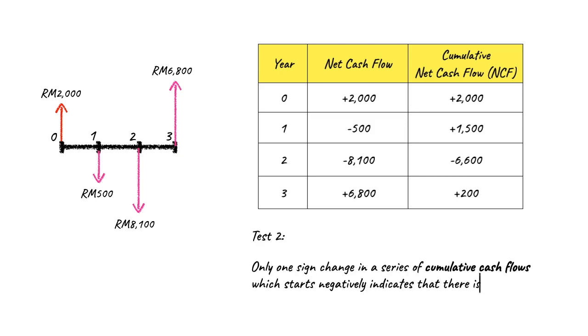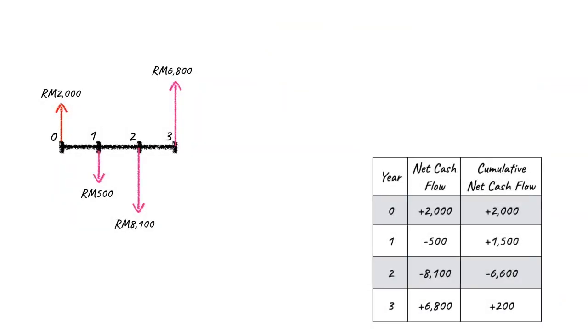In that case, we'll just state that this condition is inconclusive for test 2. So we cannot simply say that there is one positive interest rate value. In this case, there may be two positive interest rate values, or maybe two negative.